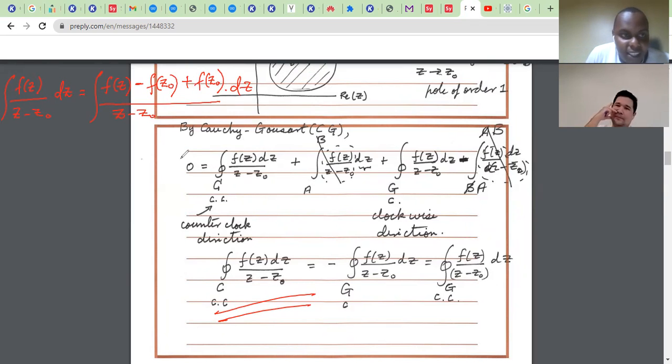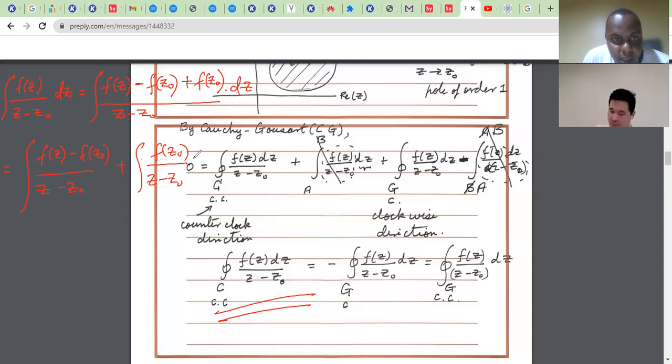Okay. And so we can split the integrals: the integral of f(z) minus f(z naught) divided by z minus z naught, and then plus the integral of f(z naught) divided by z minus z naught dz, right?